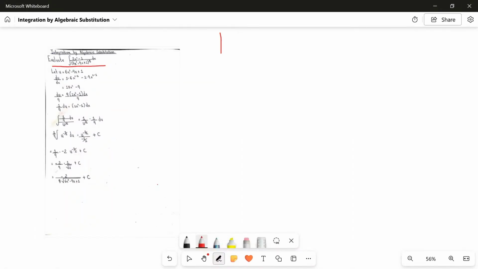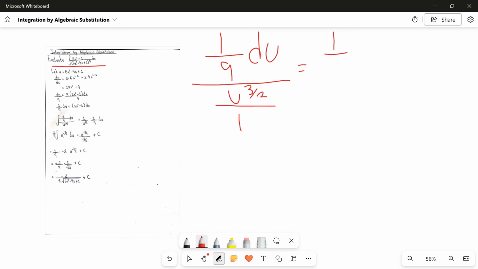So the new value will be a 9th du divided by u power 3 over 2 over 1, right? So we're going to rewrite this as multiply the numerator by the reciprocal of the denominator. So that is 1 over u power 3 over 2 multiplied by a 9th du. Okay?